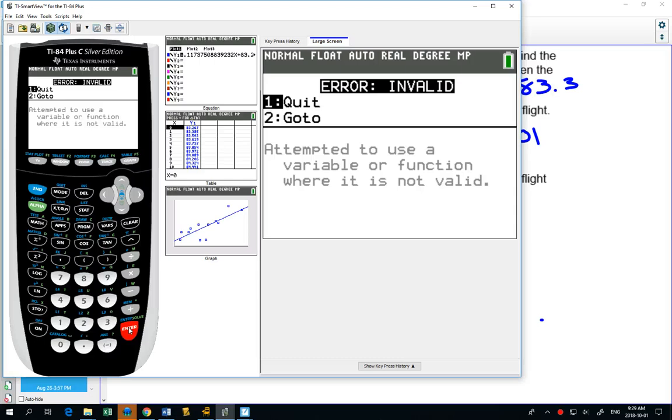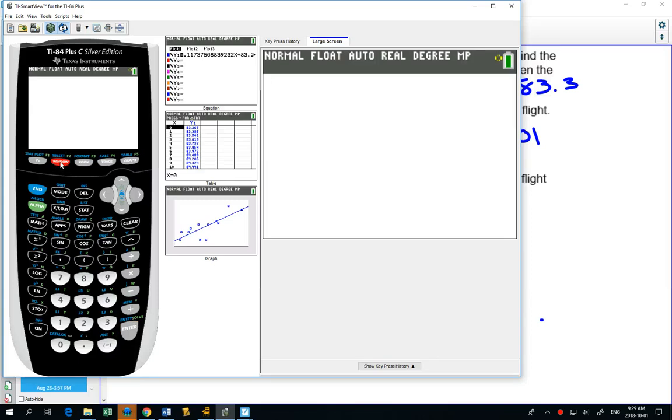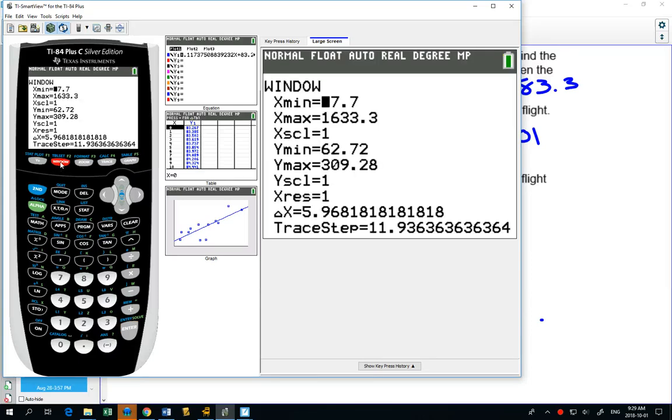That doesn't mean your calculator can't figure it out, but we'll need to go to our window. My x max right now is only going to 1,600, so maybe I need to go higher than 2,000, to 2,500. As a result, maybe I'll make my y max go up higher as well.